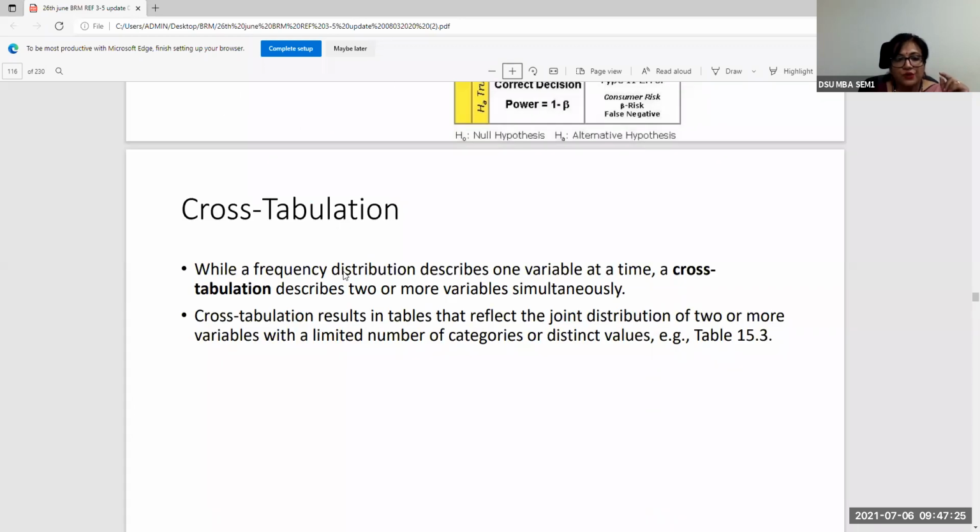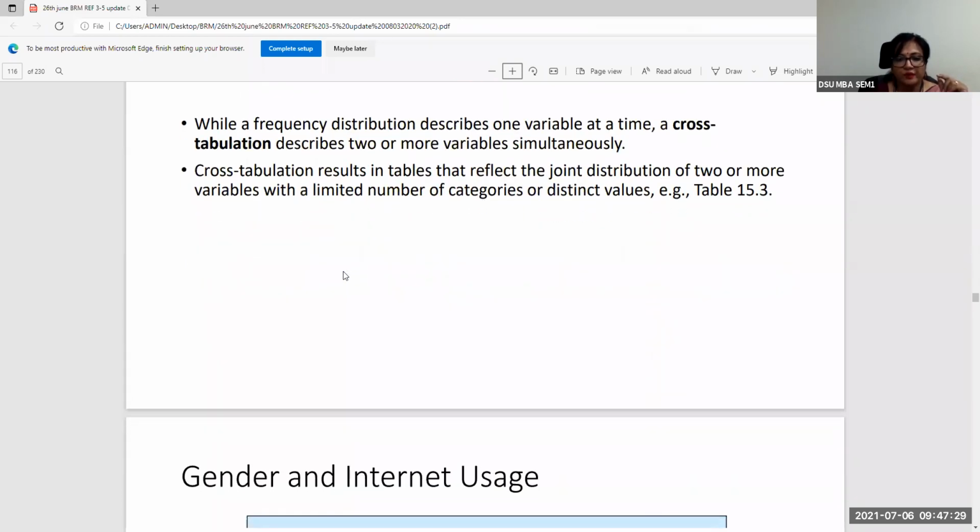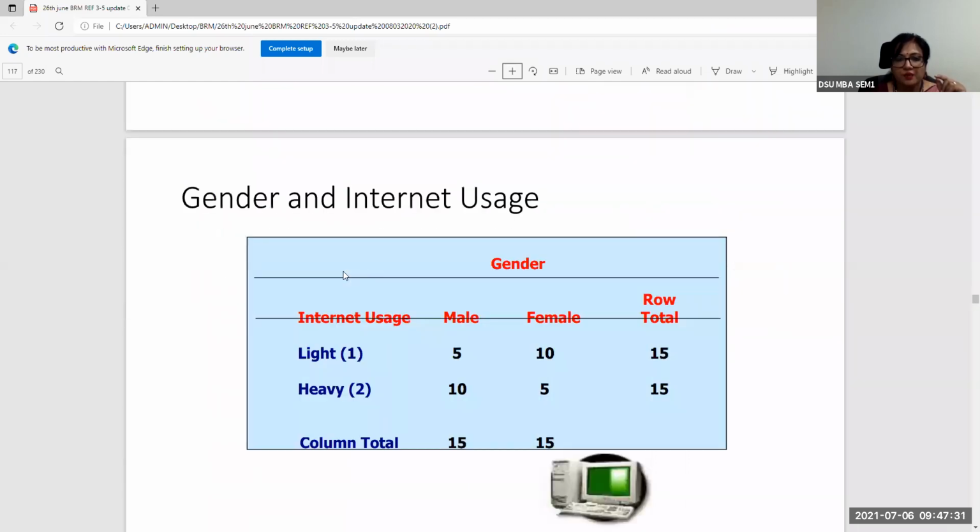All right, so cross tabulation is normally when you are trying to tabulate two variables together. So this is an example of a cross tabulation that you can see, which most of you would have done. So this is an example of the data taken with gender and internet usage. All right, so this is something that you can use with two variables. So what are the two variables used here? Gender as well as internet usage.